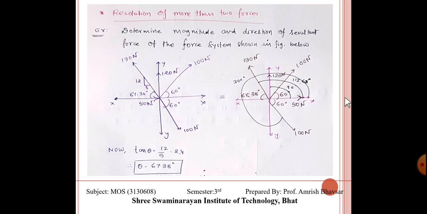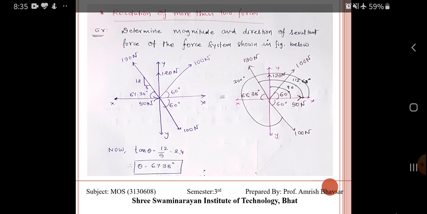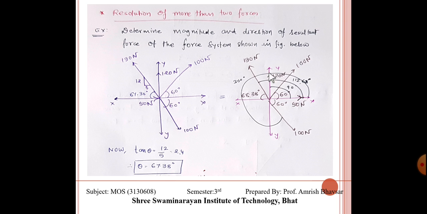There is no mistake of plus and minus, and no mistake of cos and sine. We always resolve all the forces on the positive x axis. Let us see what we get. This is a 50 Newton force on the 0 axis. So 50 cos 0, then 100 cos 60, then 120 cos 90, then 130 cos of 180 minus 67.38 degrees, and 100 cos 300 degrees.